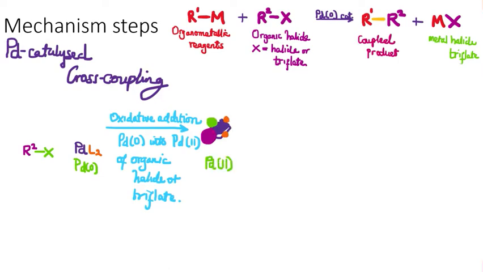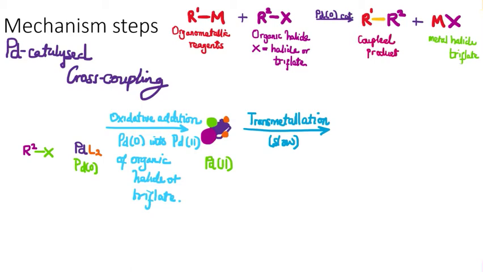Therefore, we actually have this formation being generated, which is a palladium 2 complex, and then by transmetallation, which is a new step compared to the Heck reactions, where we didn't have transmetallation but a form of carbon metallation.